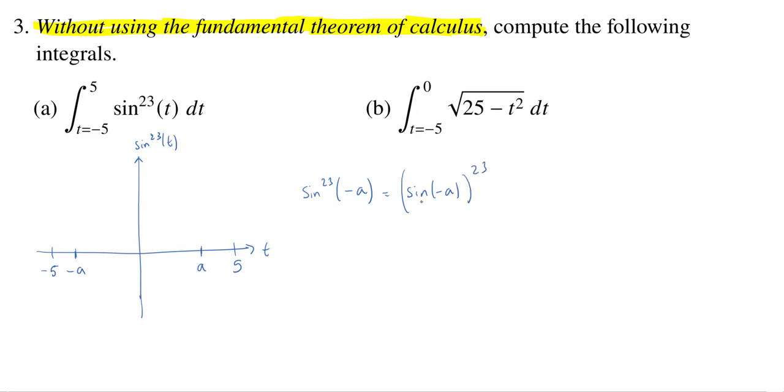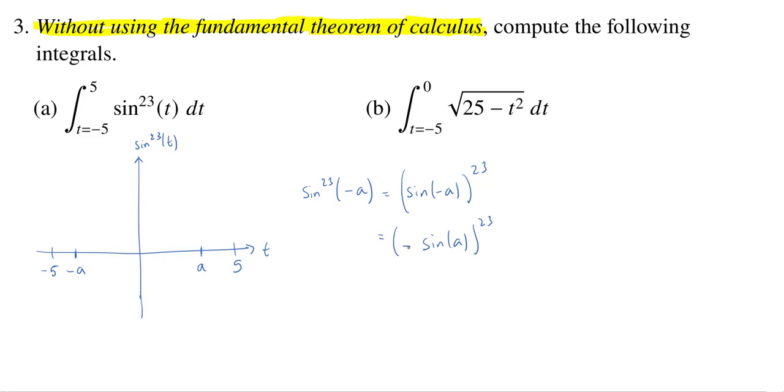Now, the sine function does have a great property when it comes to putting negatives inside. It's what we call an odd function, which is that you can take this negative and pull it out of the sine function. So this becomes negative sine of a to the 23rd power.